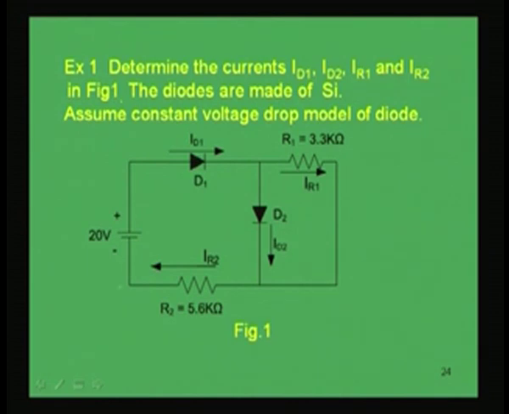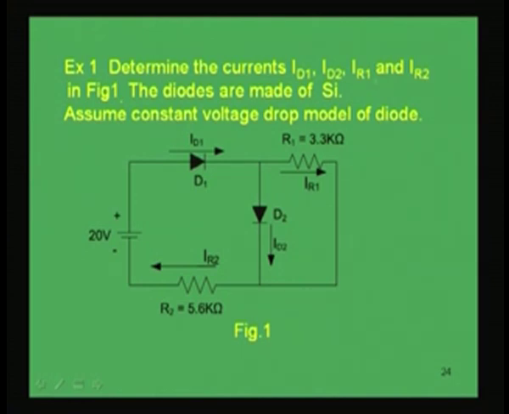The voltage applied in the circuit is 20 volt, and it is given that the diodes are made of silicon. This information is important for finding the cut-in voltage, and you are told to assume the constant voltage drop model of the diode. So, the constant voltage drop model will have a cut-in voltage, as it is silicon, of 0.7 volt, and there will be no resistance considered in the diode, since the constant voltage drop model does not have a resistance in its model, that means it is ignored.